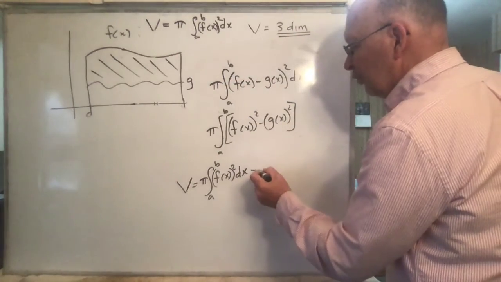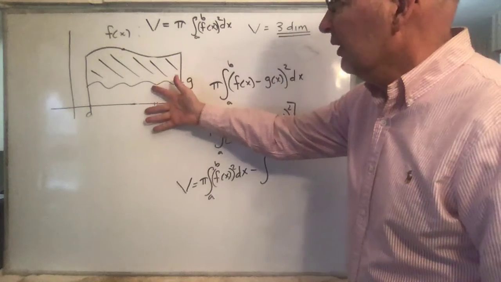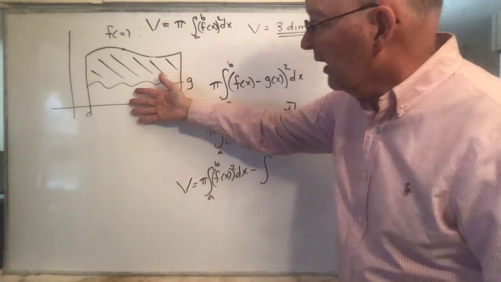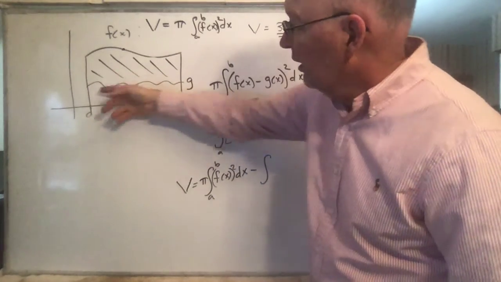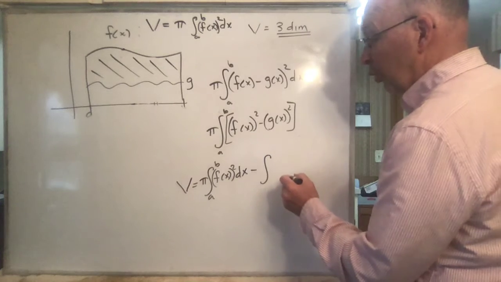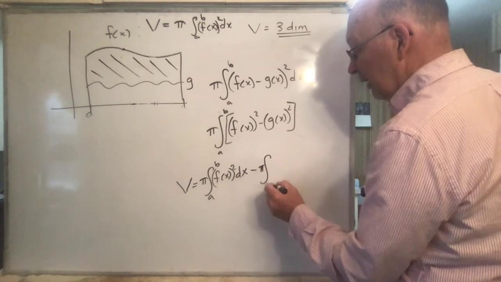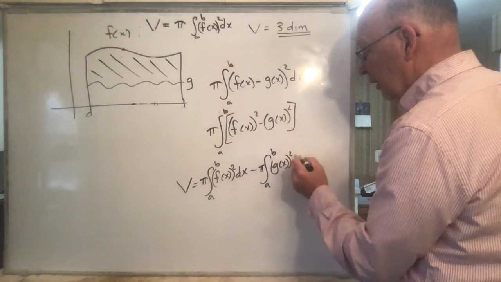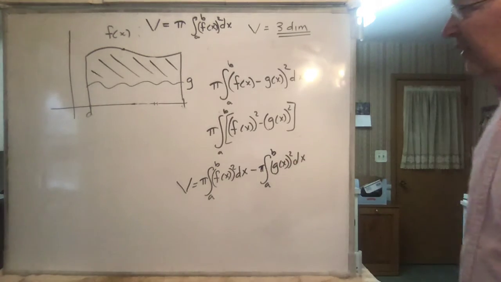And then I'm going to subtract this inner region. What I mean is subtract the volume generated by this lower inside region there. And so that's going to be pi times the integral from a to b of g of x squared dx. And I'm convinced that that's true, right?